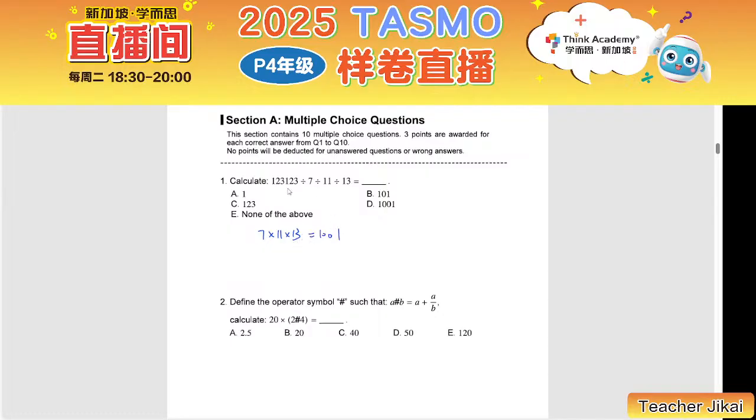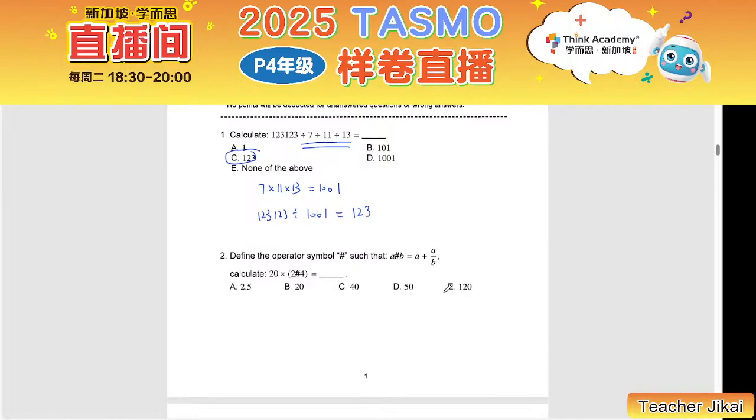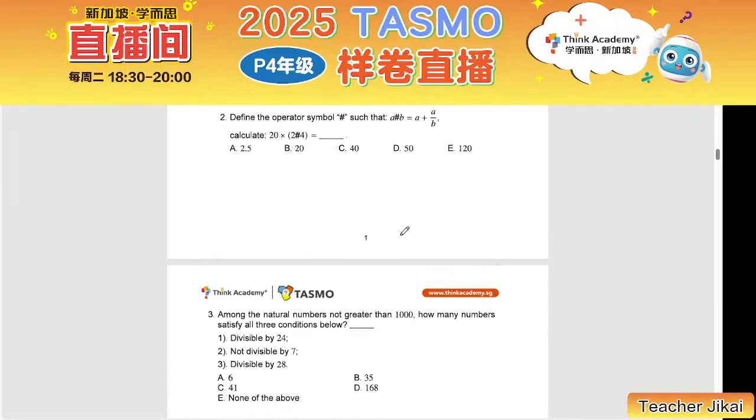So it is 123123 divided by 1001, right? So it is a nice number, and you know that 123 is the final answer here.